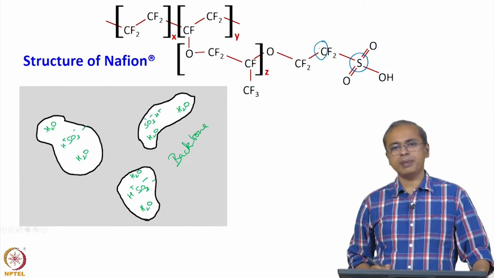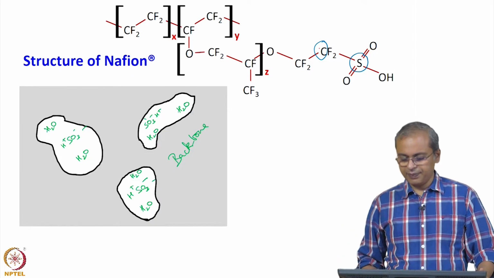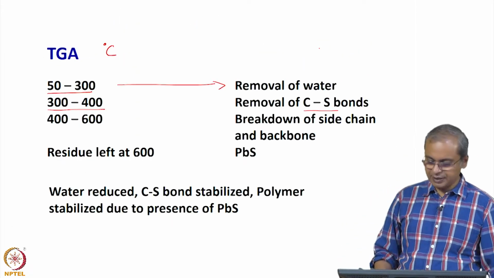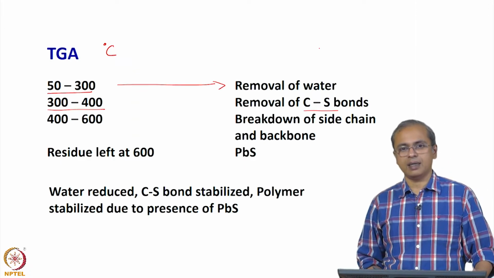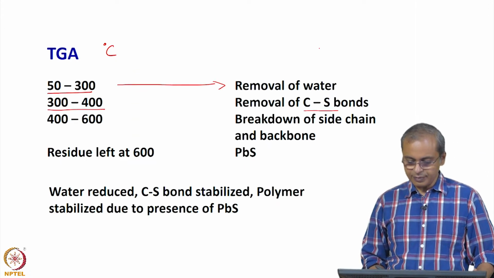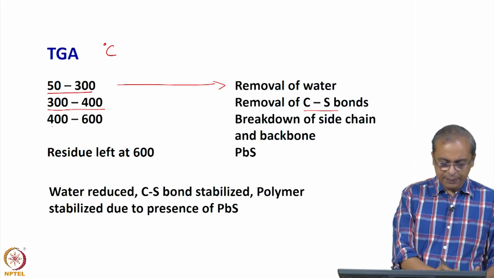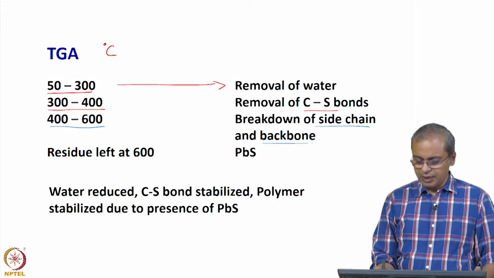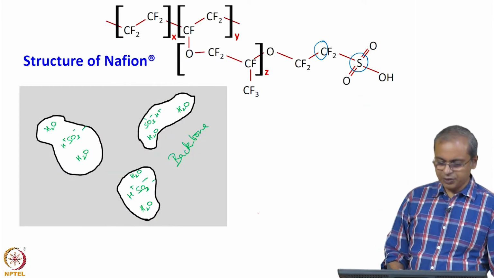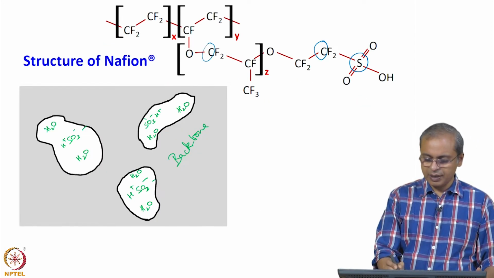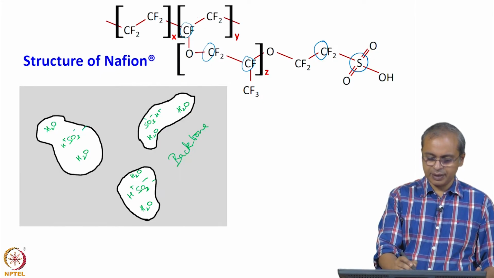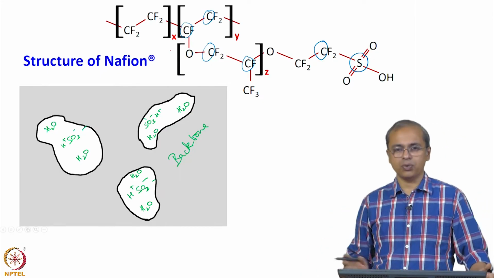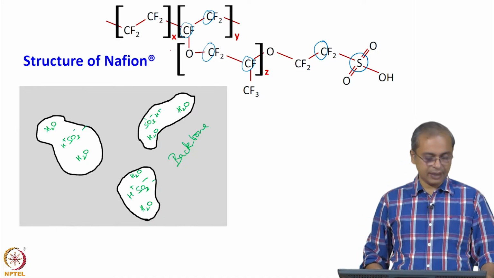This bond begins to break down in this higher temperature range between 300 and 400 degrees centigrade. Then if you go to even higher temperatures, 400 to 600, you start seeing breakdown of the side chain and backbone. Many of the CC bonds that you see here, and here, and here, they all start breaking down as you go to temperatures closer to 600 degrees centigrade.